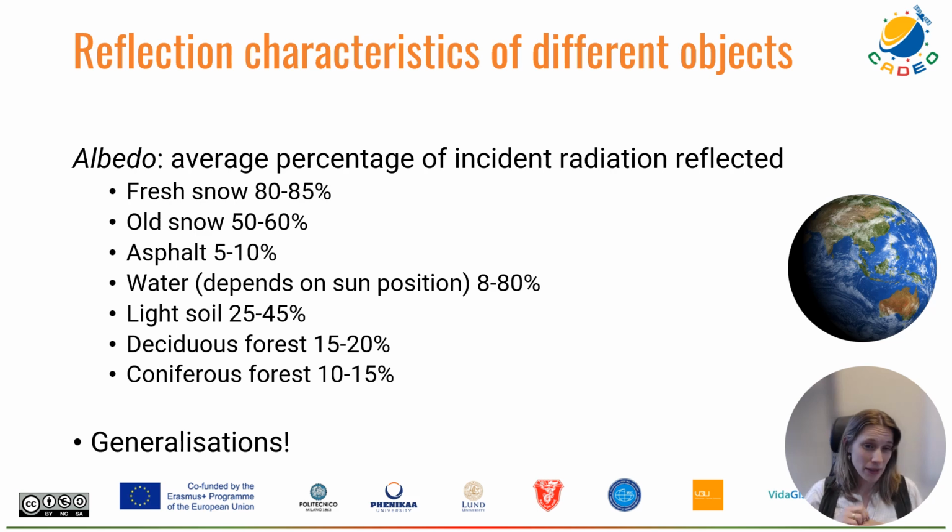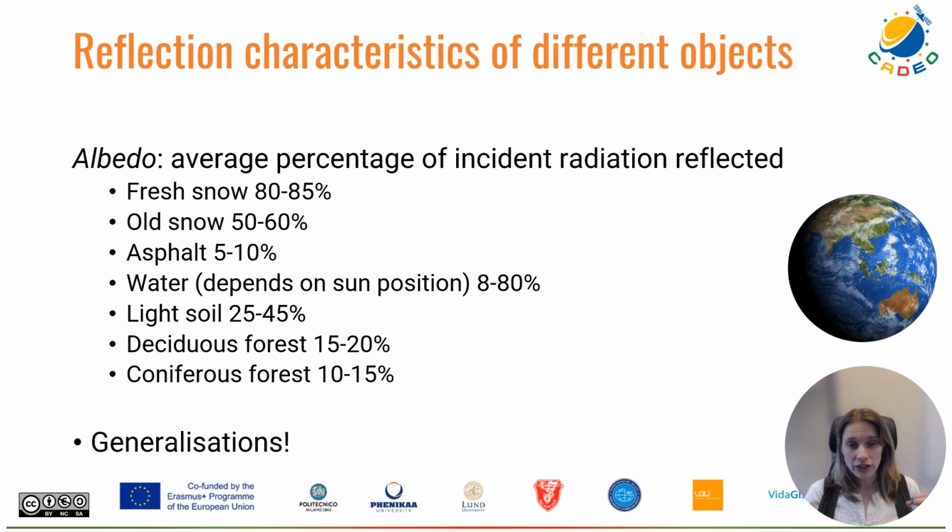Water is interesting because it depends on a lot of things. For example, the position of the sun when the image is taken, or when the light is reflected. So water can have between 8 and 80% of reflectance, which is a very broad range.